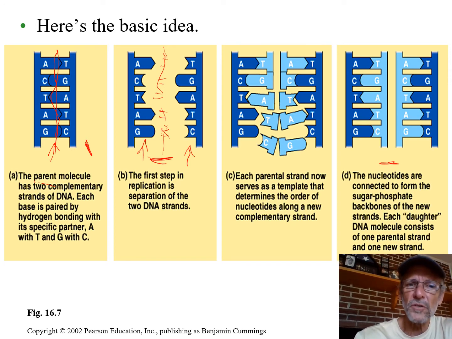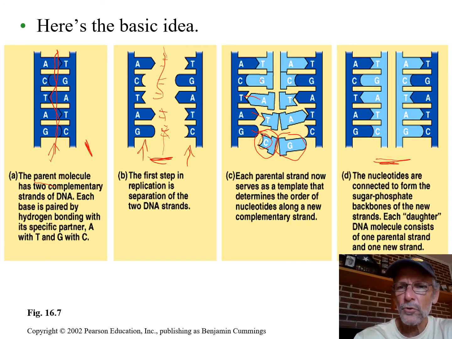So it exposes the bases, and now in this cell, where this is happening, which would be the nucleus, right? DNA always stays in the nucleus, or in a prokaryotic cell, just in the cell in general, right? Nucleotides, again with the help of enzymes, get assembled. The base part of the nucleotide is going to connect to the only base it can connect to, A to T and C to G. And Watson and Crick said, if this is how it works, then that's what you're going to get, two copies.